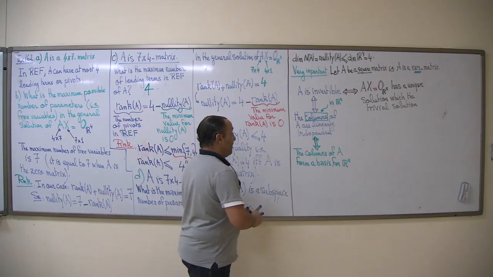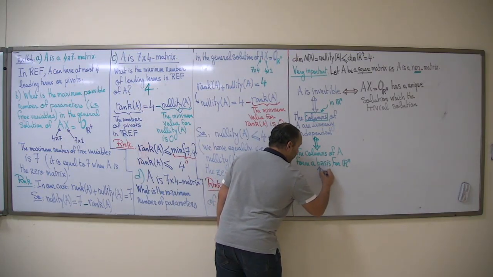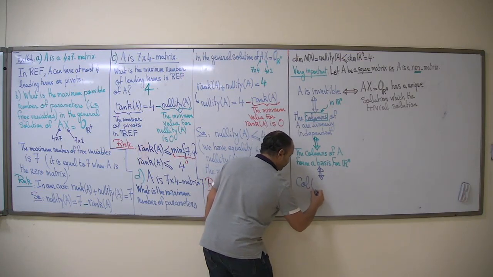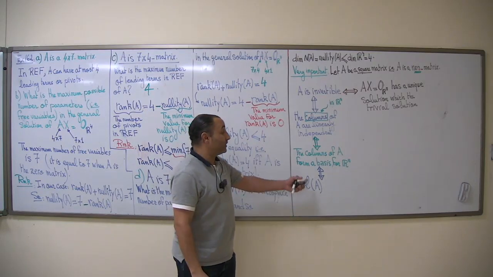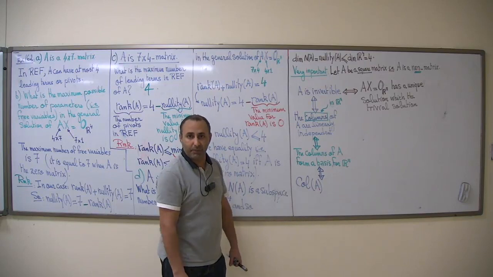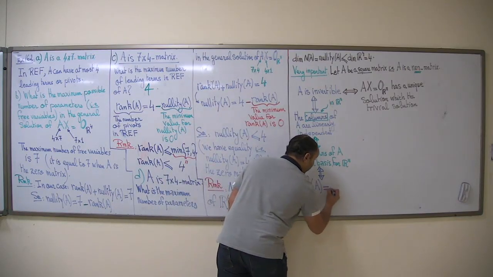And so, what will be the column space of A? Well, the column space is by definition spanned by the columns of A, but if the columns of A form a basis of Rn, then the column space of A is exactly Rn, the whole vector space.